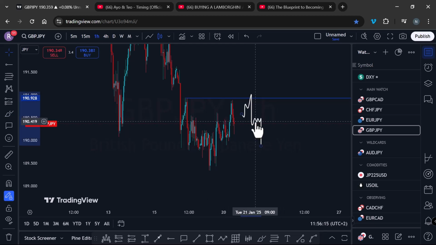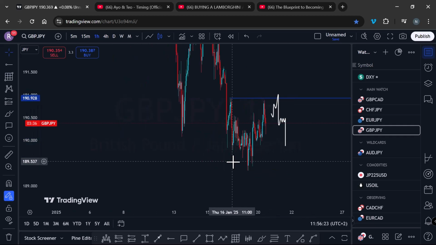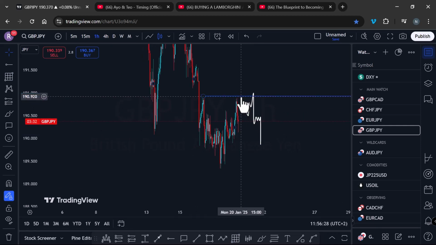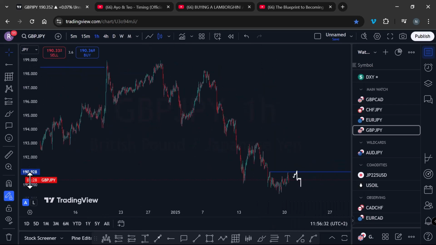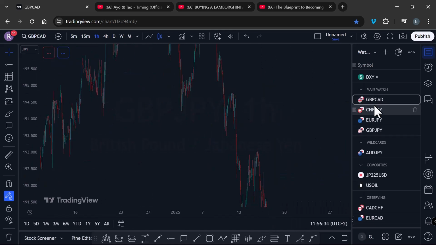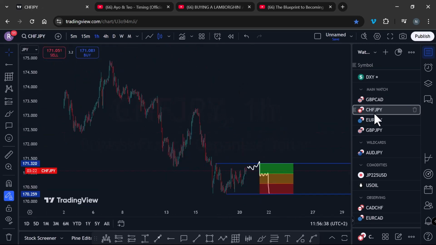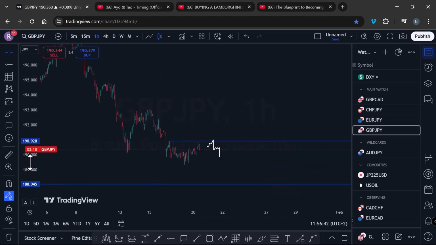Wait for your 1 hour flag, 15, anything regarding, you have to make sure you mark this and know which levels you are trading. I'm just going to be patiently waiting for the price action to reach there, and then I'm going to be looking for my entries. So right now we're just going to be waiting, seeing what the market has for us today, and then I'm going to be trading accordingly.